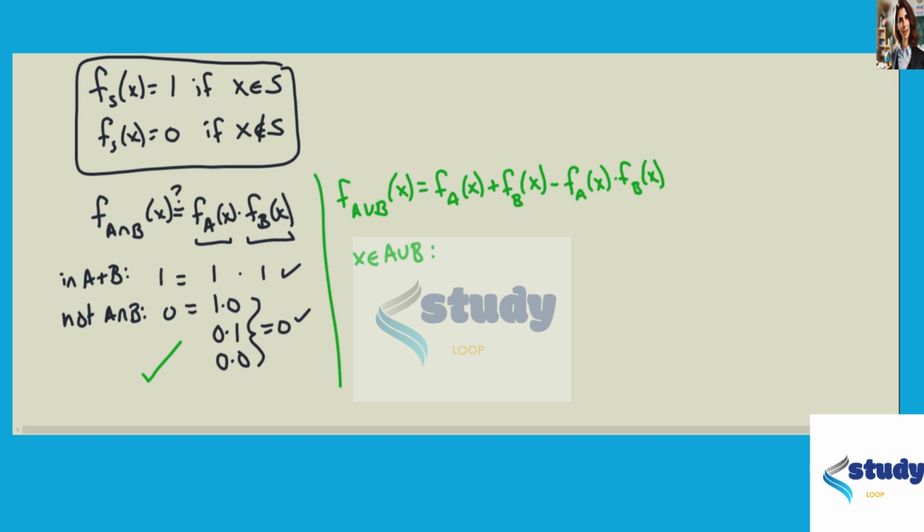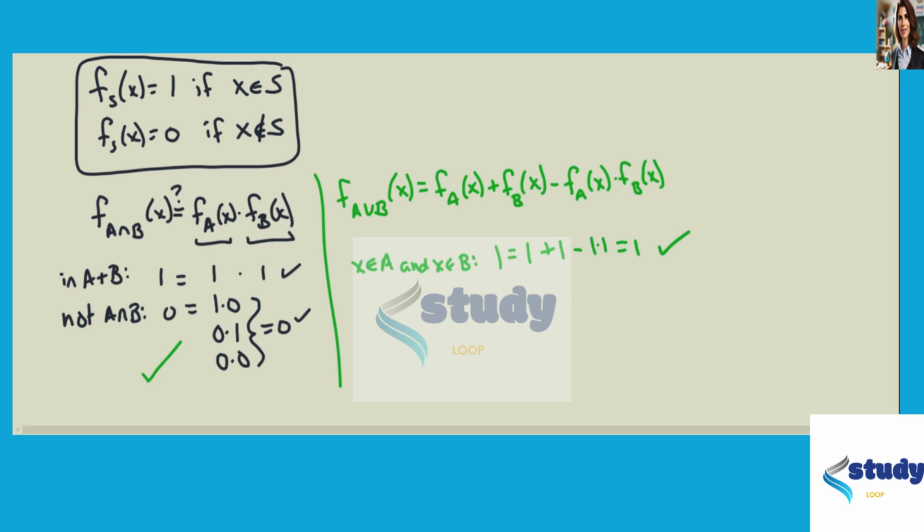Let's say that x is an element of A and B. Well, if it is, that's in the intersection, so my value should be 1. If it's in A, that's a 1. It's in B, that's a 1. And it's going to be 1 plus 1 minus 1 times 1, which gives me 1. So that works.